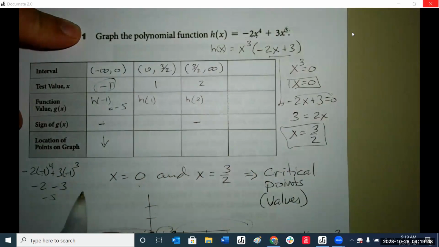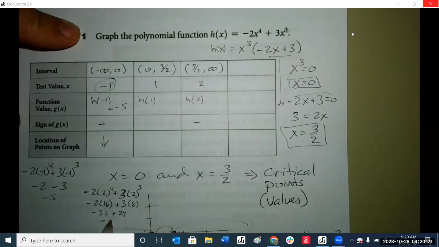Likewise at 2. We have -2 times 2 to the 4th, plus 3 times 2 to the 3rd. 2 to the 4th, 2, 4, 8 is 16. 2 to the 3rd is 8. 16 times -2 is -32. 3 times 8 is 24.